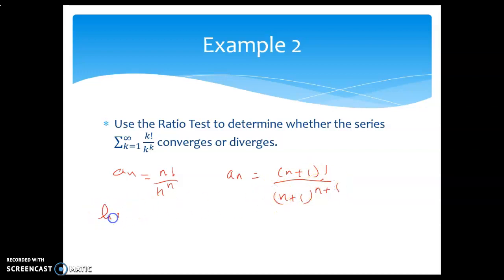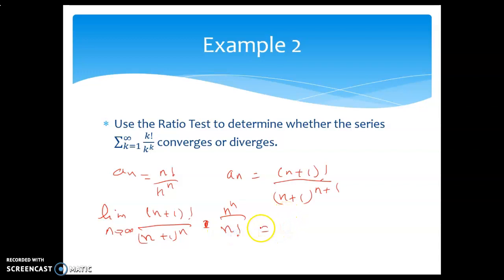And then when we take the limit as n goes to infinity of that, we will get n plus 1 factorial divided by n plus 1 raised to the power of n plus 1, and so then times n raised to the power of n over n factorial.